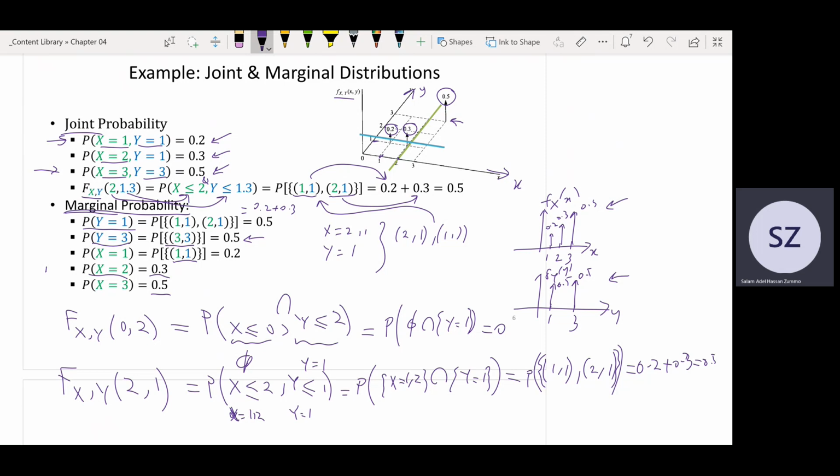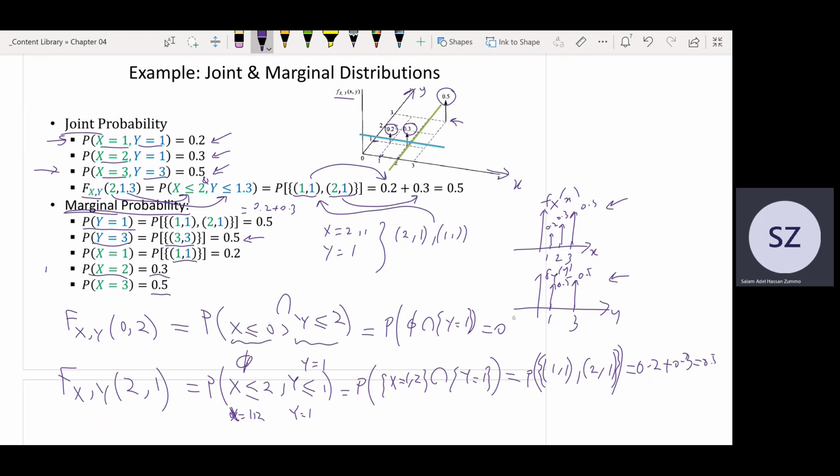If I have a set made of four items, the probability of the set is the probability of the first one plus the probability of the second one plus the probability of the next, because each of them is mutually exclusive from the others. They cannot happen at the same time. You cannot have (1, 1) and (2, 1) at the same time.